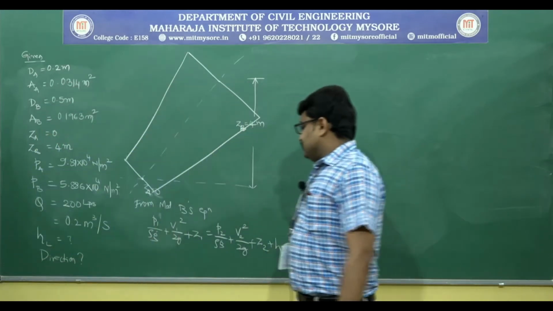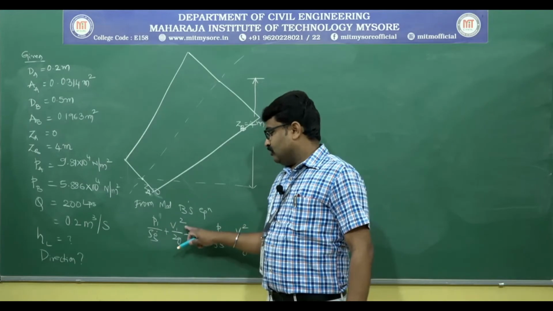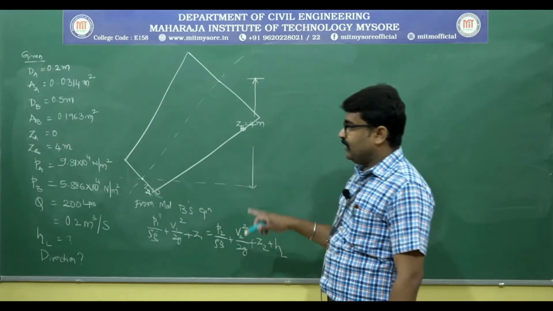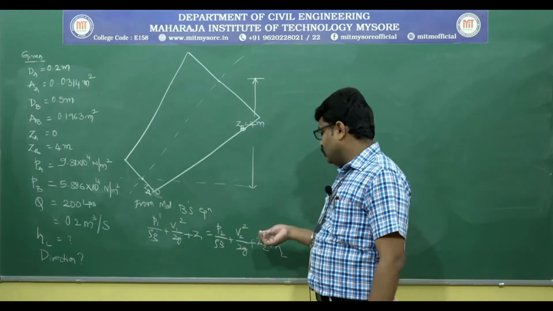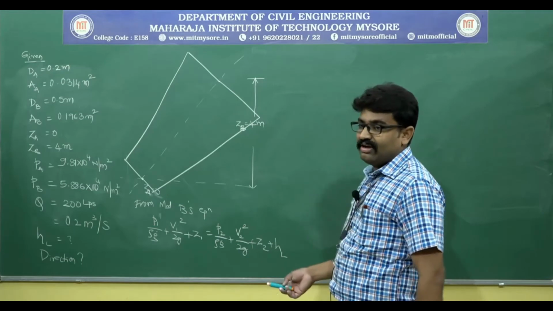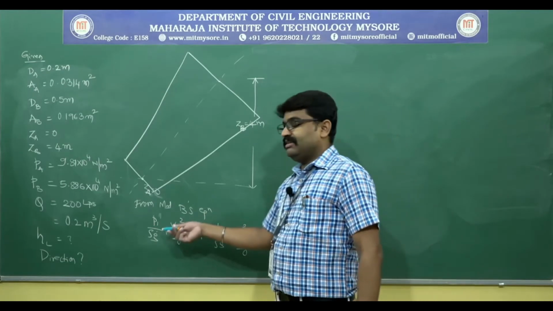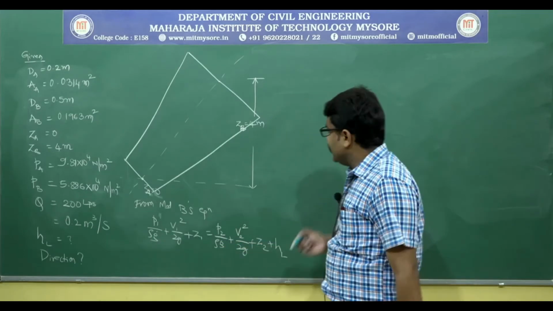Out of this equation, P1 is known, water is flowing so rho g is known. For calculation of V1 and V2, make use of Q is equal to A1 V1 or A2 V2, and Z1 and Z2 are known to you, and finally you will get HL. Wherever I have written 1, read it as A, wherever I have written 2, read it as B.